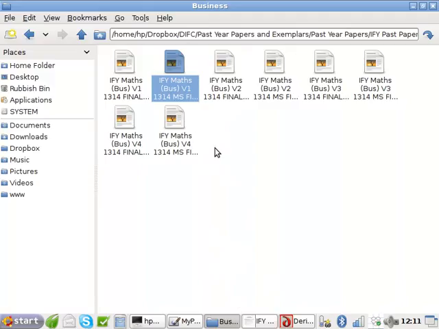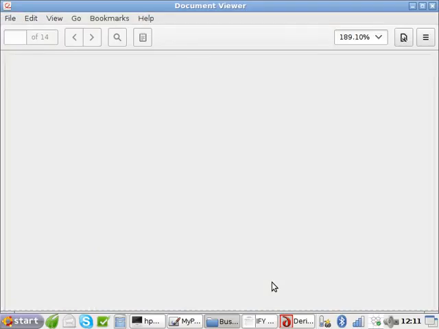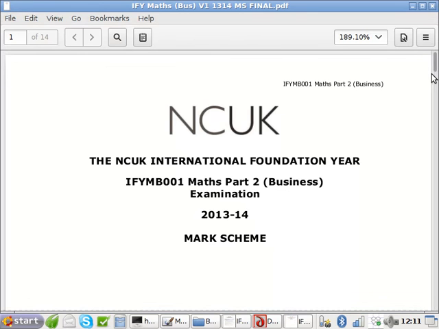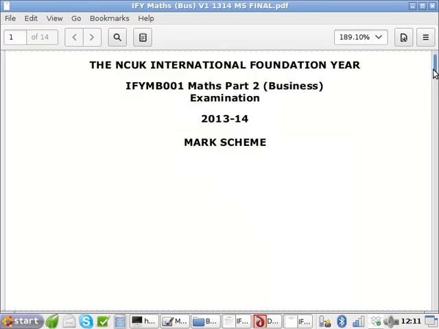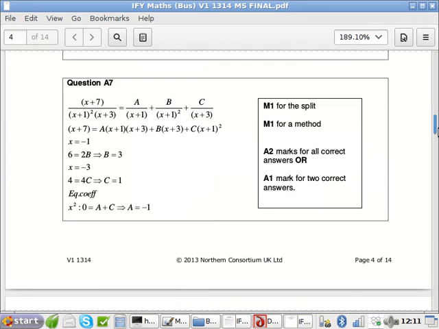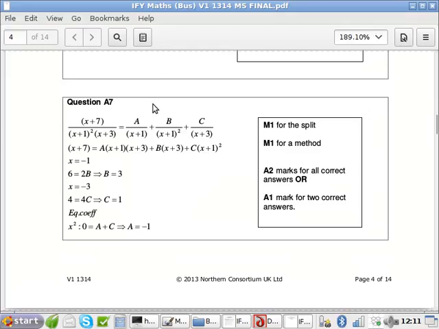But if you got one of them wrong, you still get 1 mark if at least 2 of the ABC are correct. It's out of 4 marks. So even if you got the ABC wrong, as long as you split it up correctly, which you definitely should do because they give it to you here, and as long as you multiply correctly, you can still get 2 out of 4.